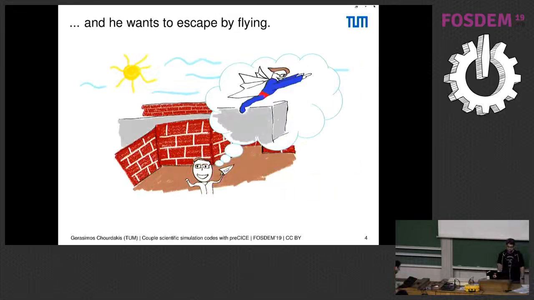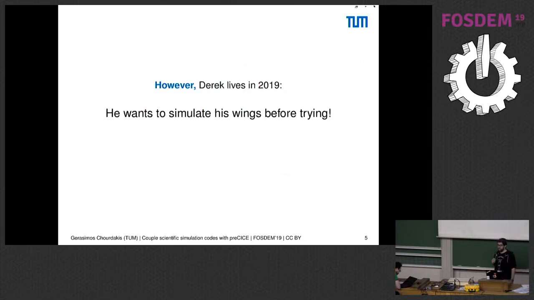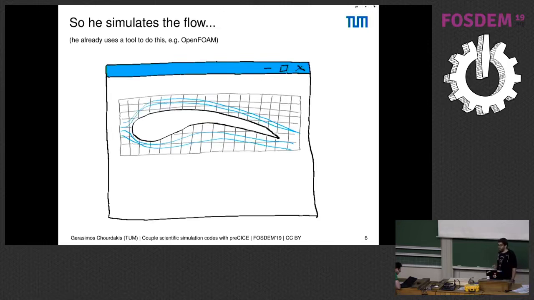And he finds some material around, but before flying, he wants to try if this actually makes sense. So, because he's an aerospace engineer, he knows about simulations. And he says, okay, I will take my wing, my flexible wing, and put it in the computer in some software I already know, for example, OpenFOAM, and solve the flow equations on many points around the wing.